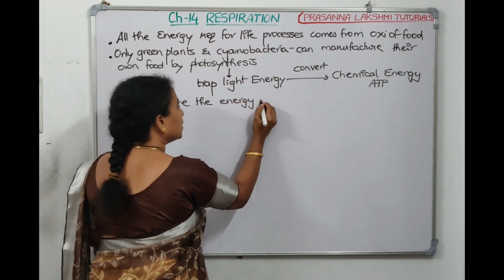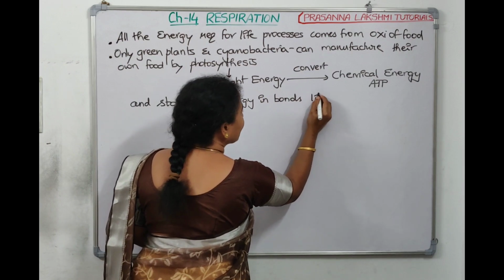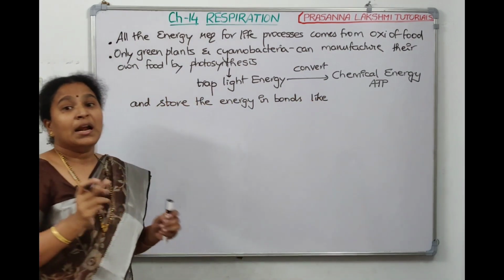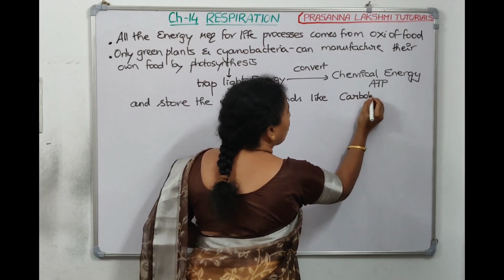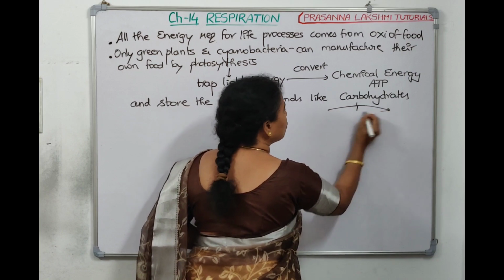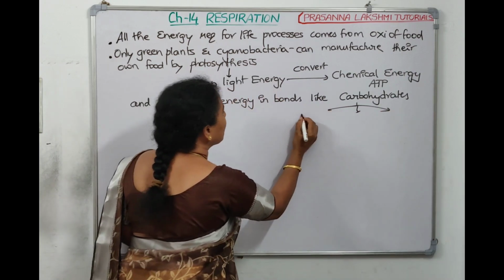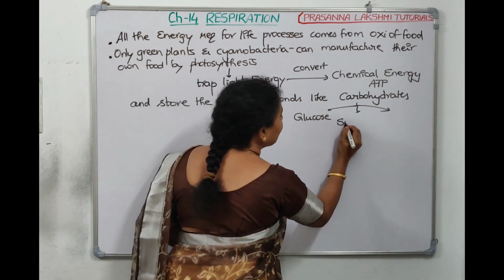They are storing the energy in bonds. Which bonds do they store? Bonds of carbohydrates. Now, what are the carbohydrates? You know. What is the simplest sugar? The simplest sugar is glucose. What is a disaccharide?